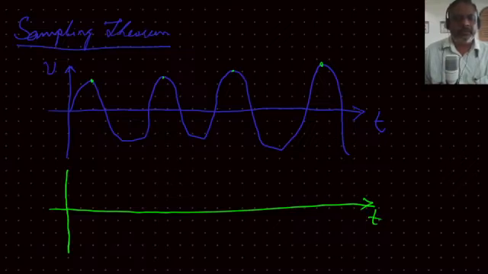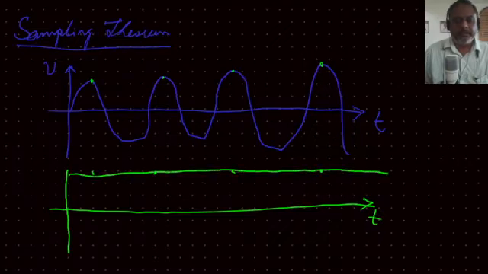After sampling, we get one sample here, one here, one here, and one here. Looking at these four samples, it appears that the input is constant, not varying. So we may assume that the input in continuous domain looks like this. Definitely it is an error.